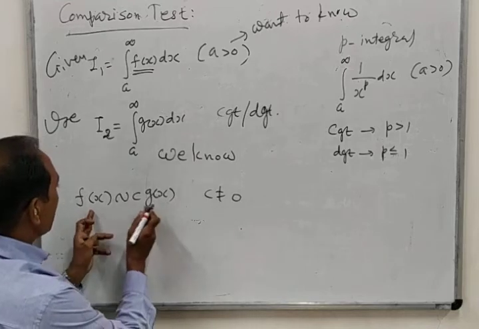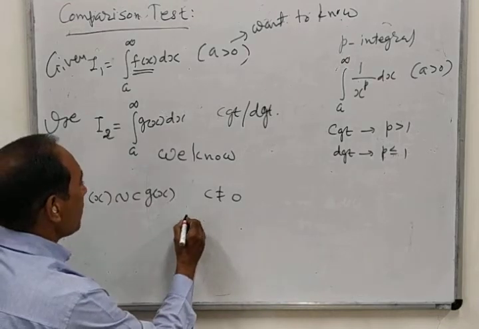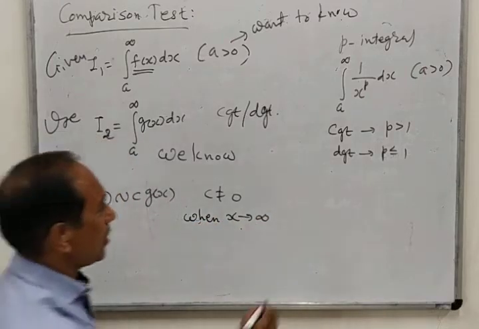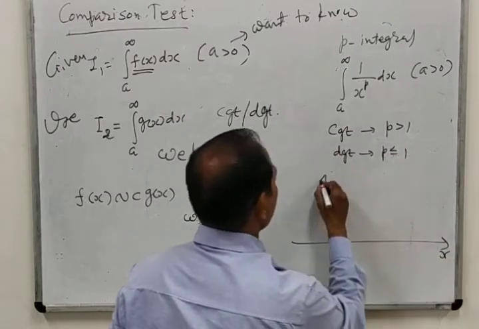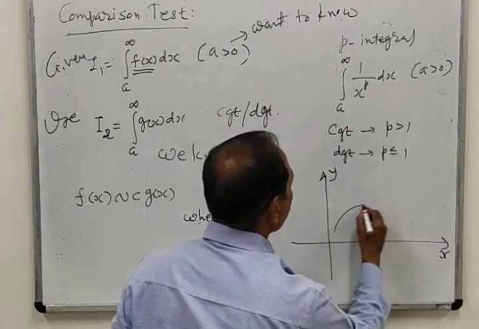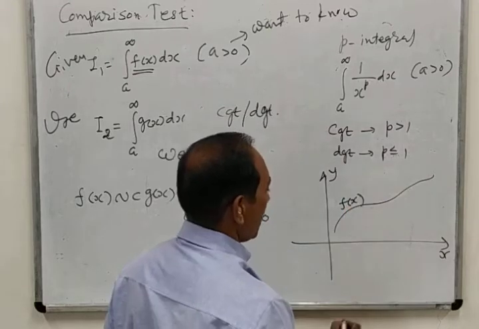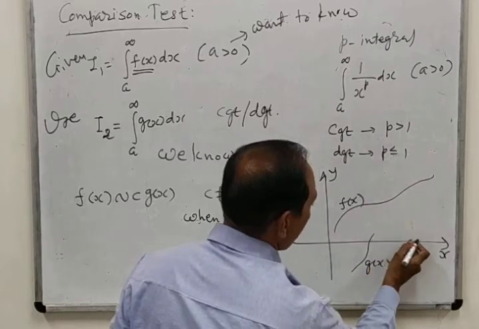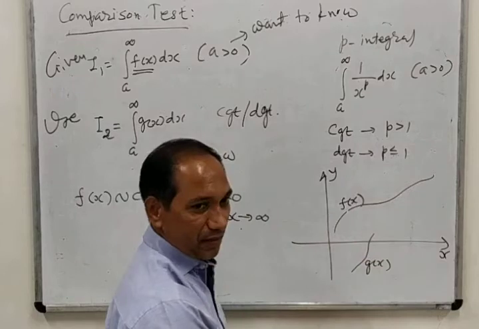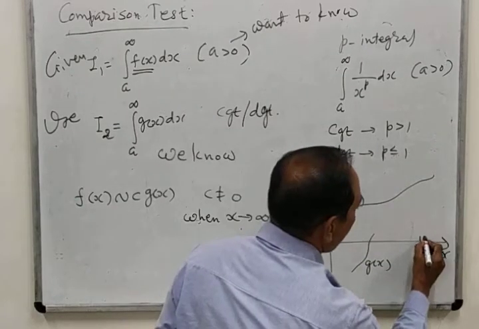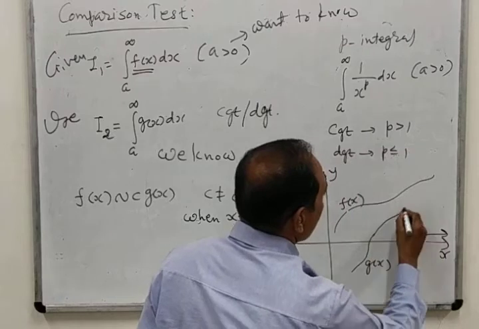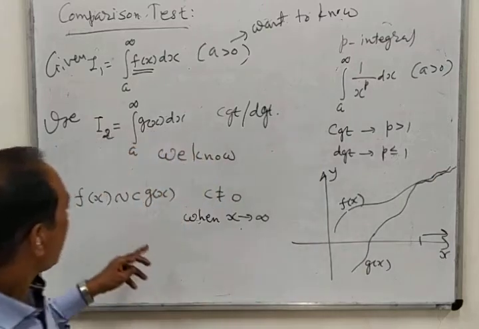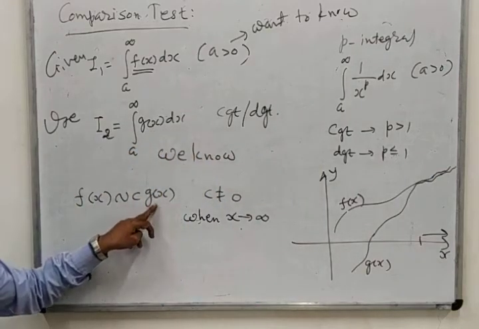But these two should be approximately equal only when x tends to infinity, that means near infinity. If this is the x axis and this is the y axis, and f(x) has this graph, and g(x) has this graph, suppose, you can see that near this point g(x) is not near f(x). But when x tends to infinity, if these become closer, then we say that f(x) is approximately equal to g(x).